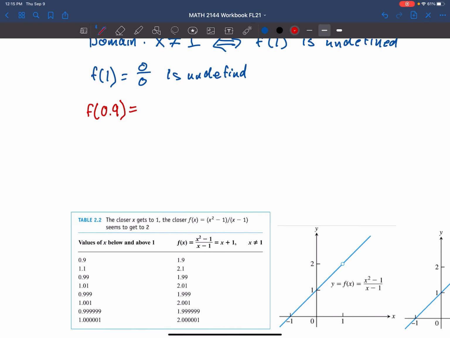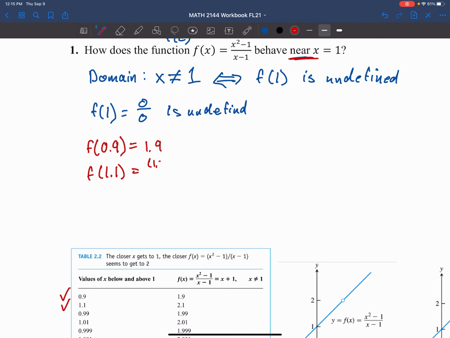We have this already computed for us down below. This is going to be 1.9. Or if you consider just above it, like f of 1.1, and you plugged that in, and did 1.1 squared minus 1 over 1.1 minus 1, you'll end up with 2.1. So that's just showing the computation there. That's already taken care of for us down below.